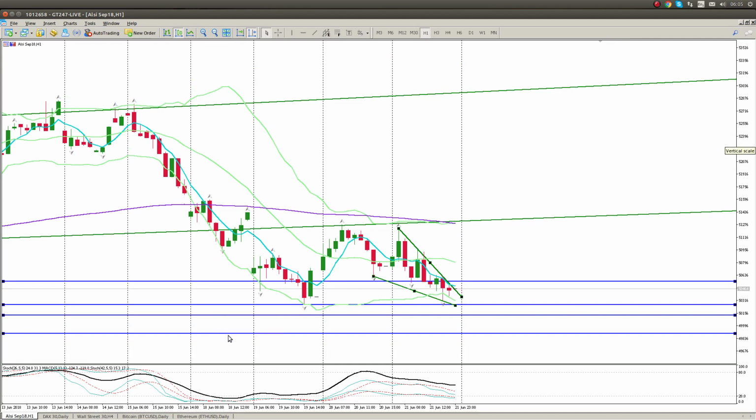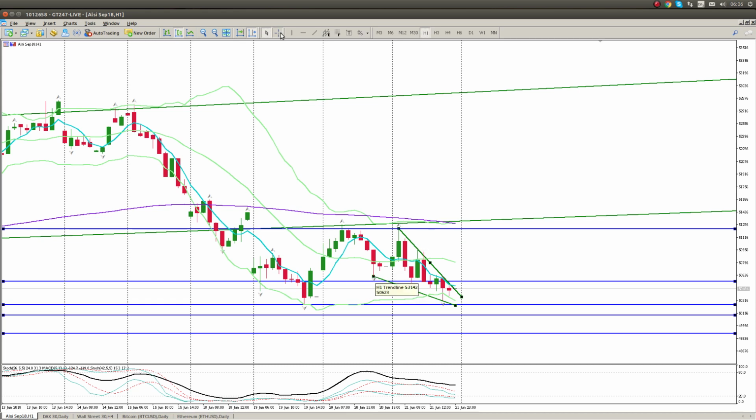Let's just put a new level in here. Okay, so what we have here is a double top potential, and we did break through the bottom of the double top, so it's up, down, up, so there's the bottom.